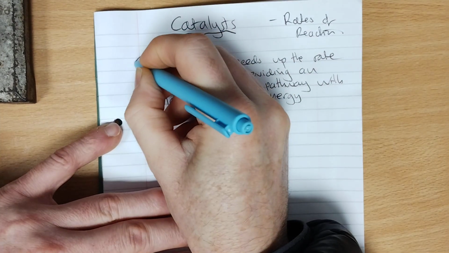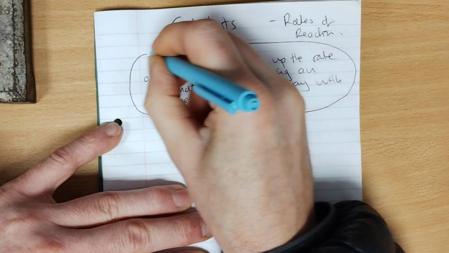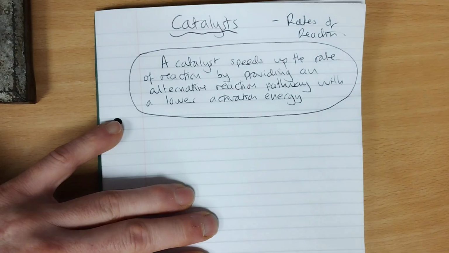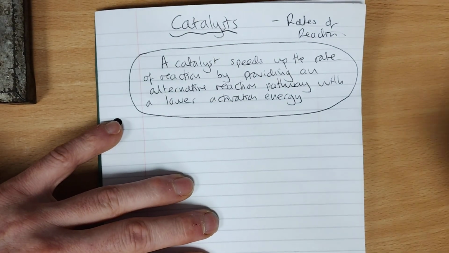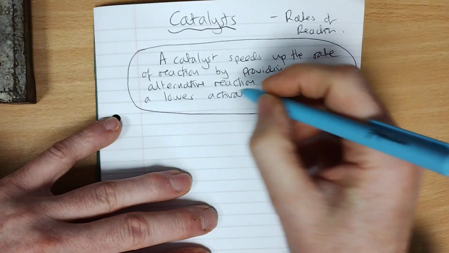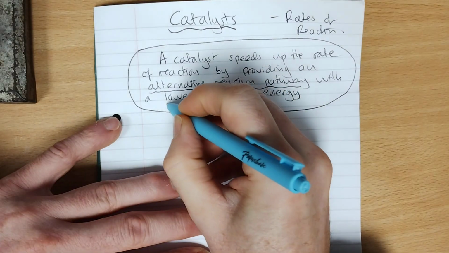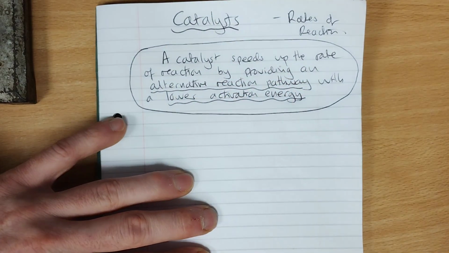Now that phrase is vitally important. Okay, this is what the lesson was going to be on about today. I would have obviously shown you some demonstrations in that, but providing an alternative reaction pathway. An alternative reaction pathway with a lower activation energy.